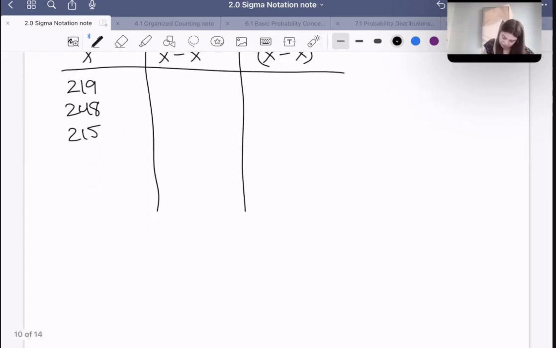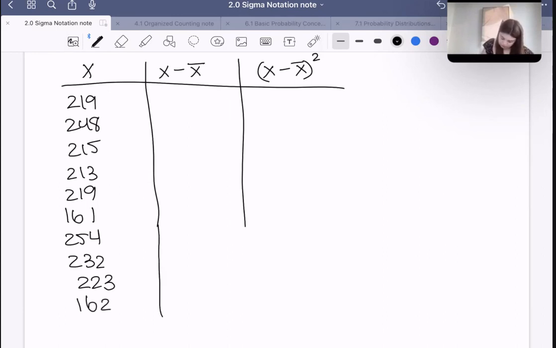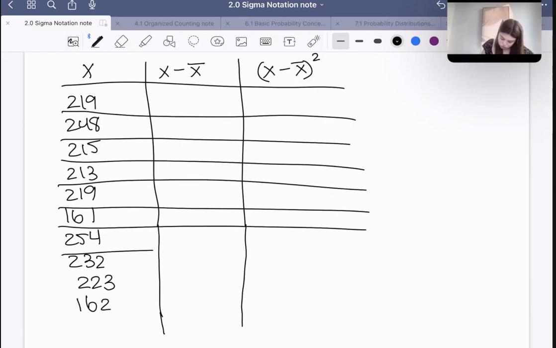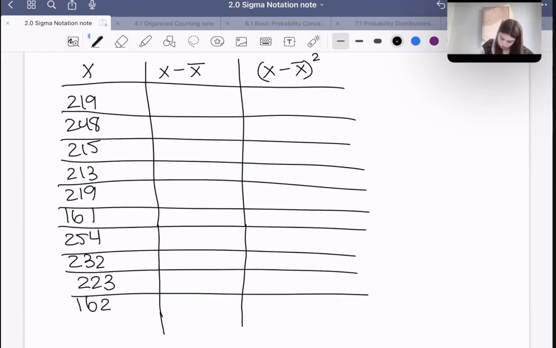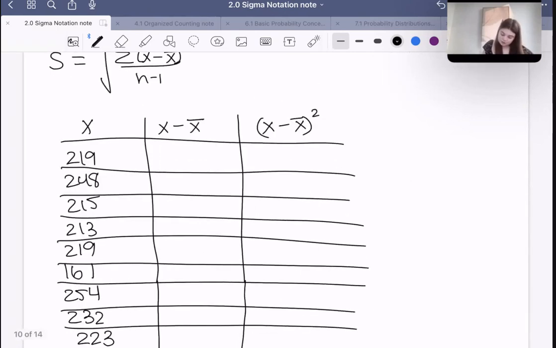What were the other numbers? 213, 219, 161, 254, 232, 223, 162, like that. Good. Awesome. We did it.